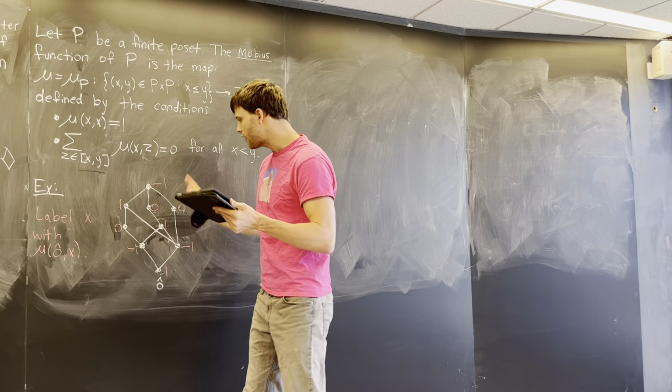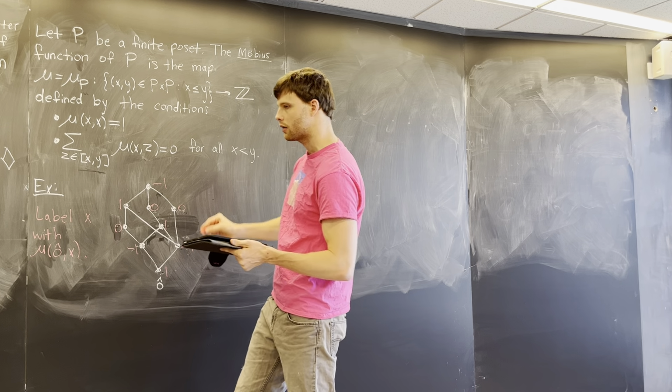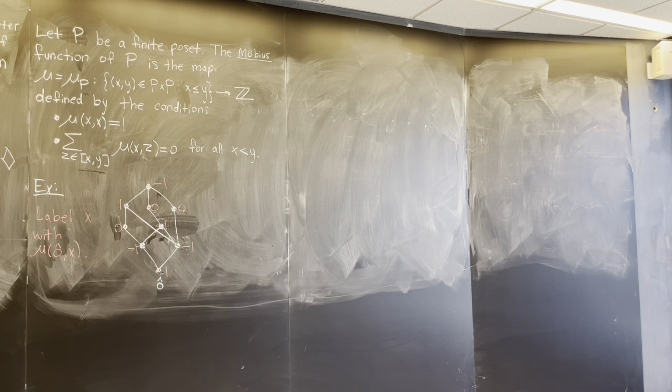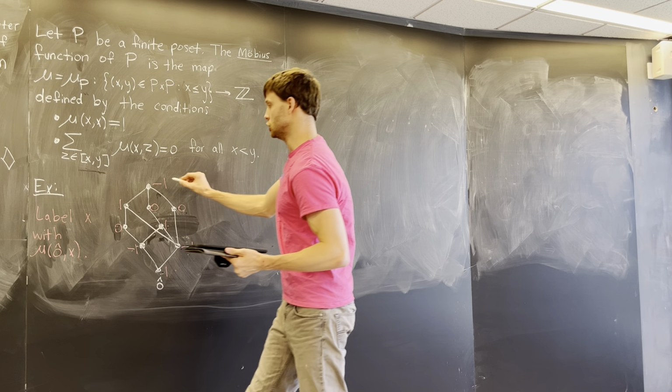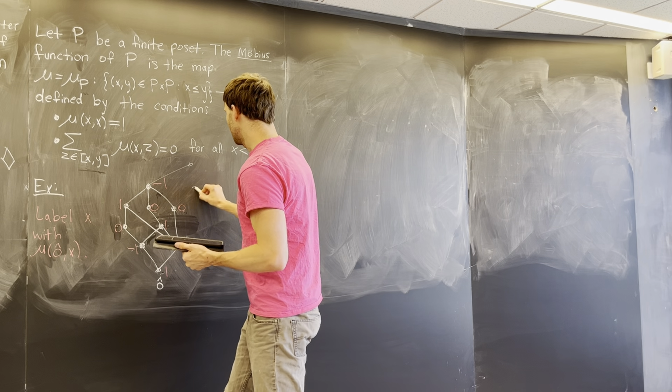Like, okay, let's say I was looking with this poset and I wanted to compute mu of, or maybe here's a better way of saying it. Let's say this was part of a bigger poset. Let's say I had some element over here and something like this.